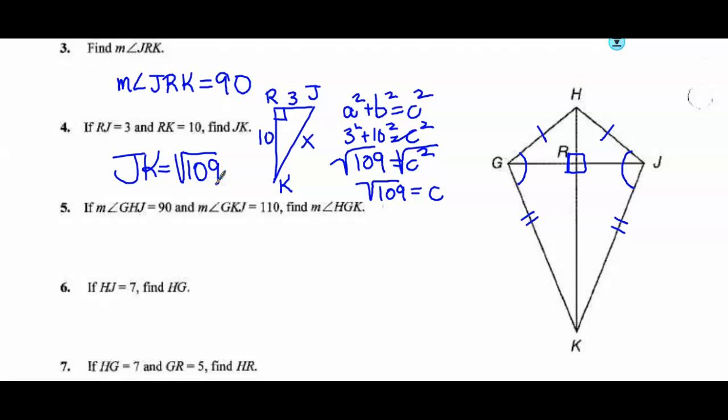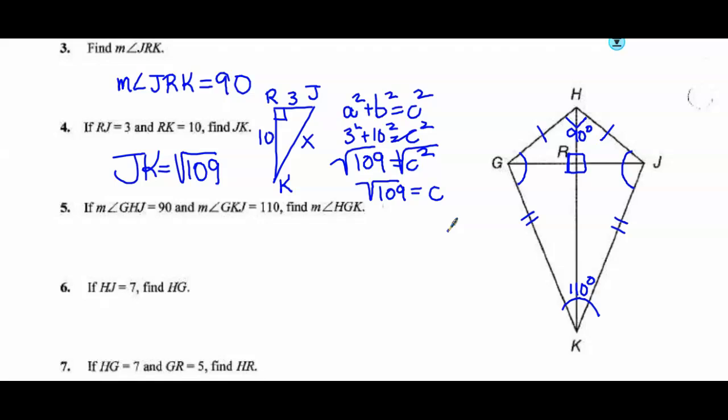The next one says if GHJ is 90, so we're going to put a 90-degree angle there. And it says, did I put that in the right spot? GHJ, yep. GKJ, so this is 90 up here. And GKJ is 110 down here. It's asking to find HGK.